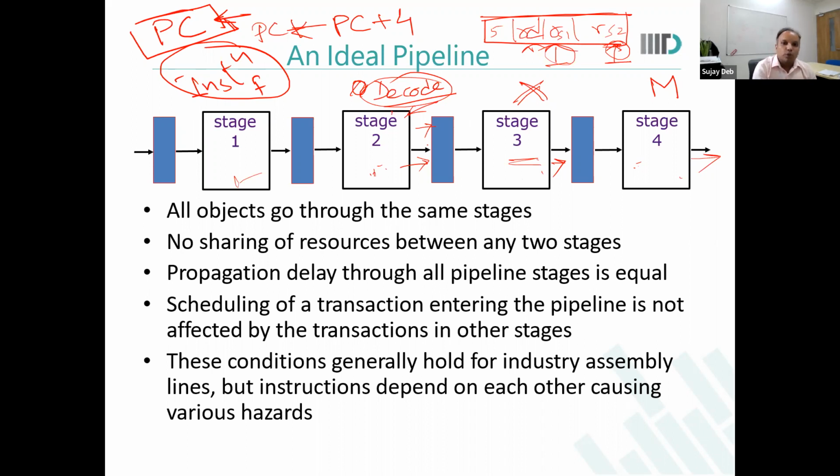If it is a store command, then again I will need the address where I need to store the value. So I will have the value, and that value will be stored in that particular address in the memory stage. The next stage is called write back.